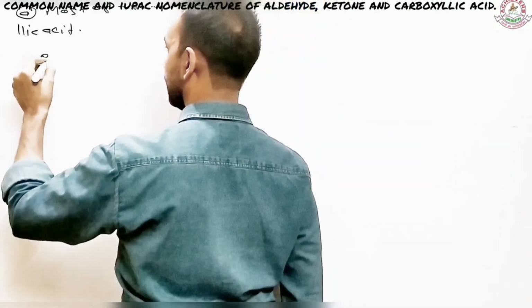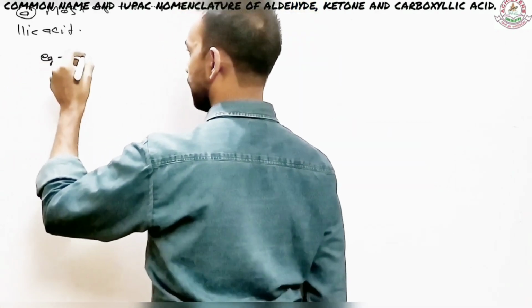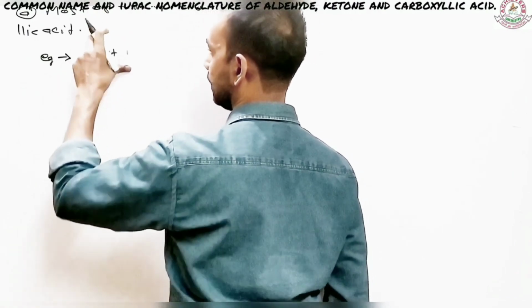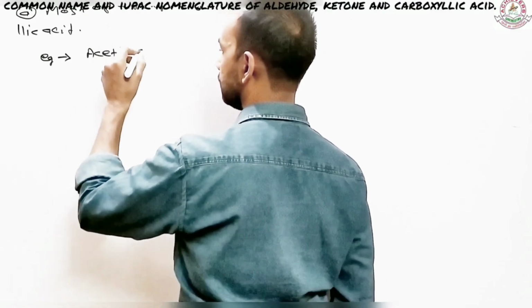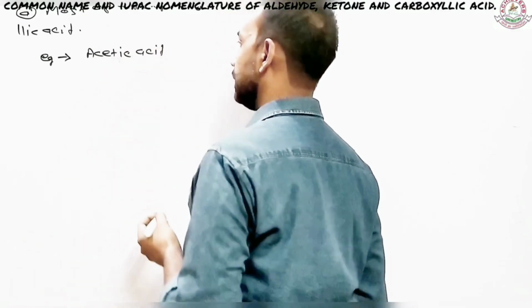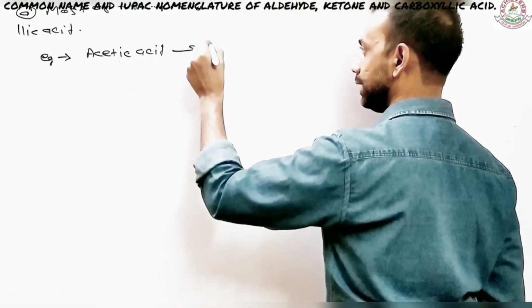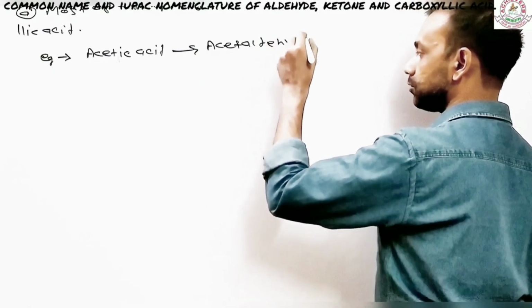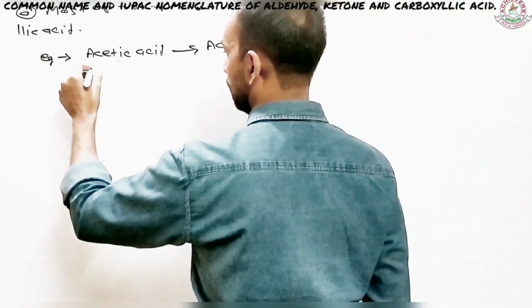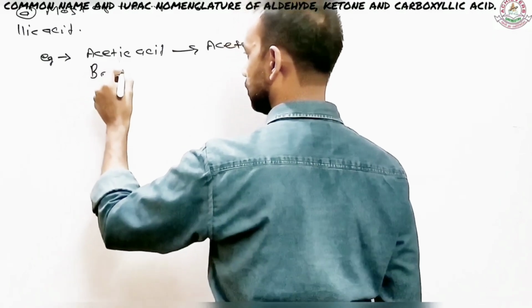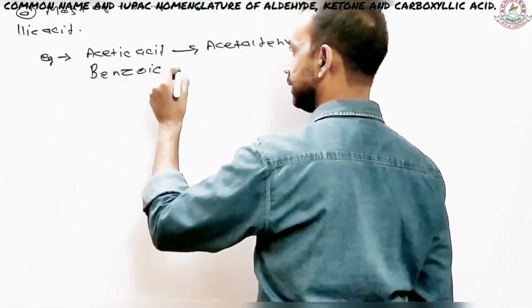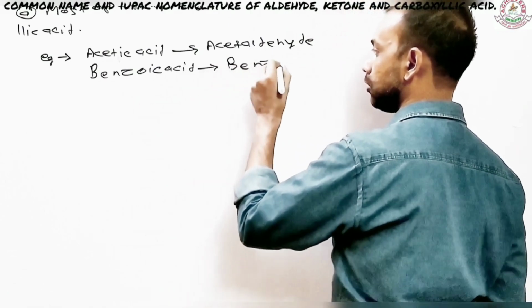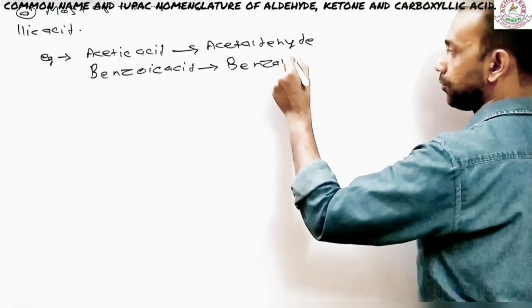So acetic acid gets its name as acetaldehyde. Similarly, benzoic acid gives the name benzaldehyde.